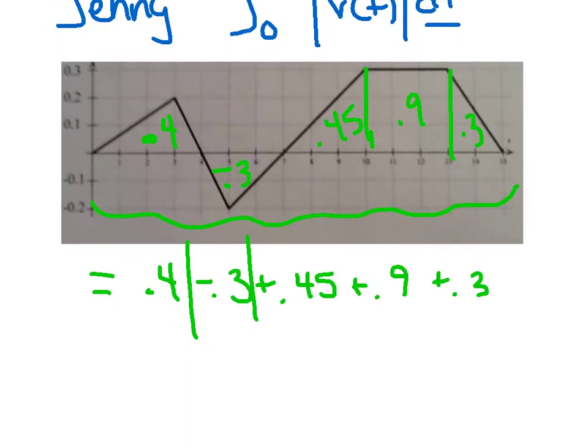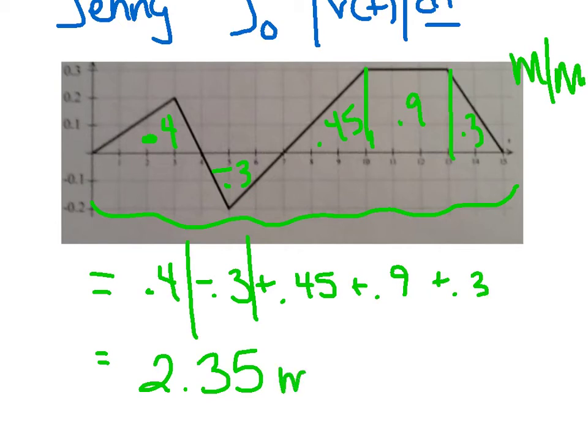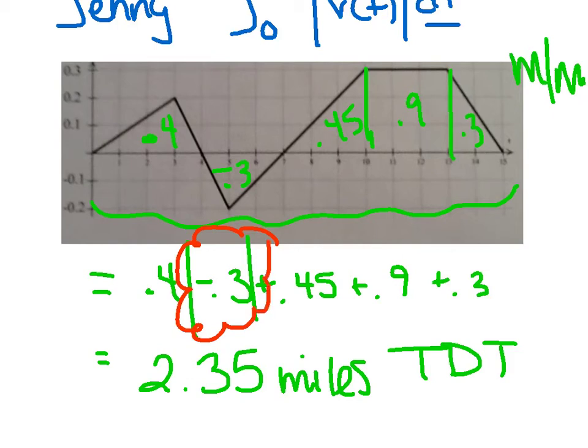If I add those together, I think that gets me 2.35. I integrated miles per minute, so that's going to get me 2.35 miles. And again, that is the total distance traveled by Jenny. Be careful, we did take that absolute value here. Make sure you made that positive for total distance traveled.